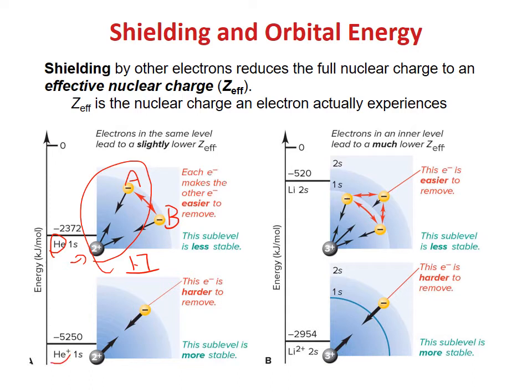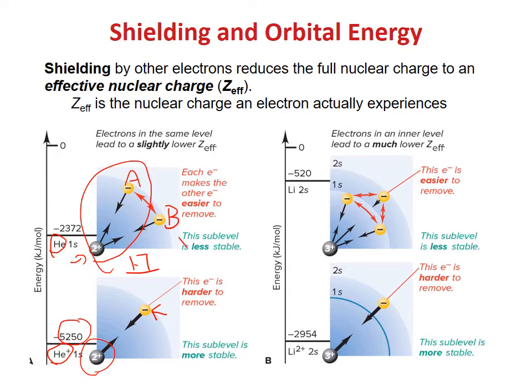In helium ion, on the other hand, there's only one electron. And so this electron experiences the full nuclear charge, 2+. To remove this electron from the helium ion, it takes 5,250 kJ per mole.